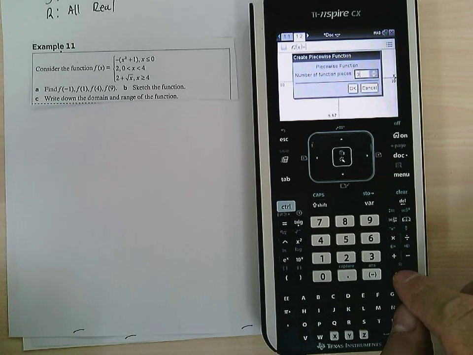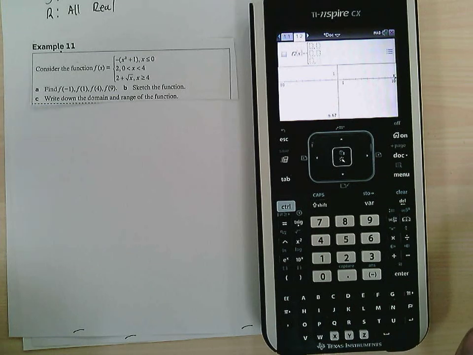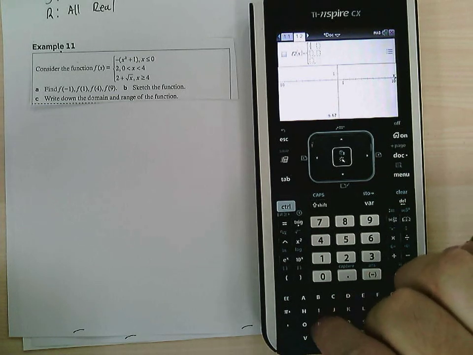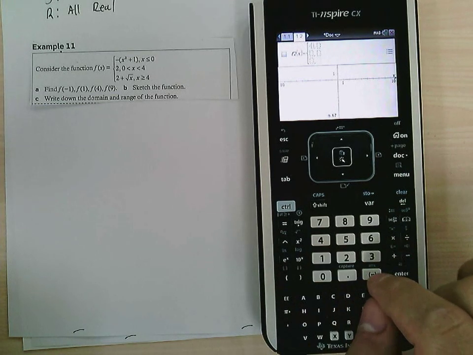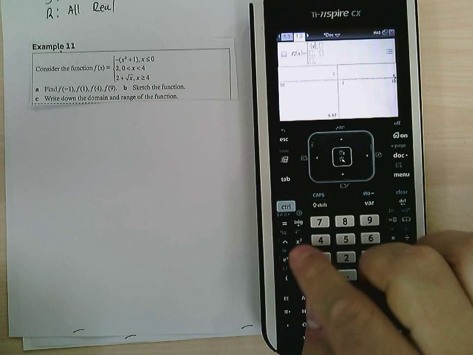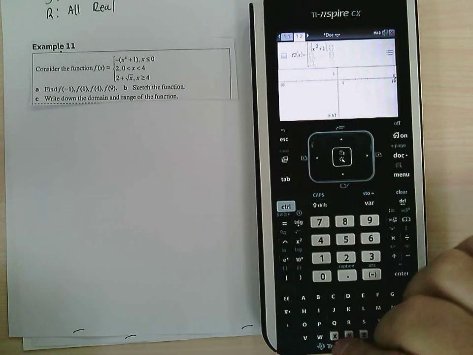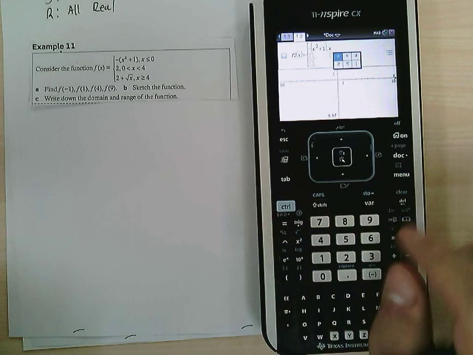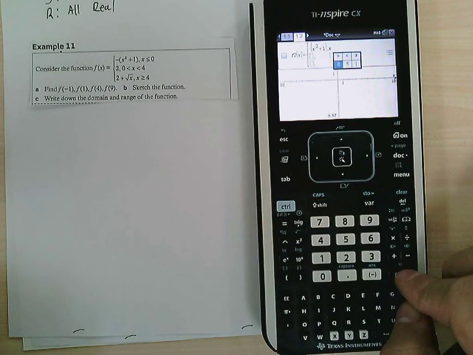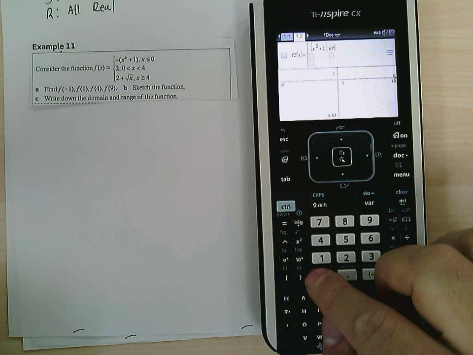I can add more if I wanted to, but I know I just need 3, and then I can plug everything in. I have negative x squared plus 1, and that's for x is greater than or equal to 0.